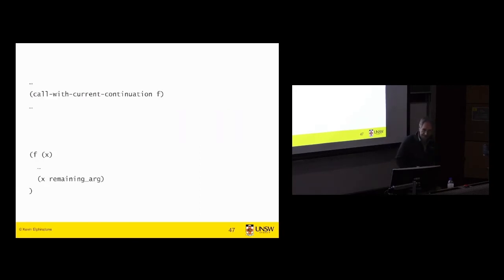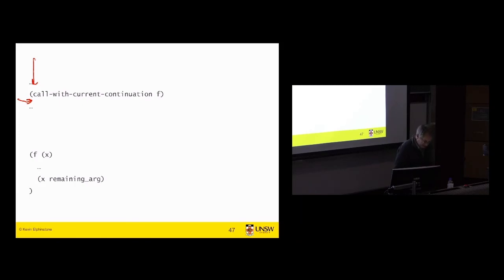Now, this is not the kind of concept that is really amenable to hand waving. So obviously here comes a slide. We've got some Lisp-like code, i.e. Scheme code, and we're executing along. We have a function defined as f, and we call with current continuation f. Okay? So call with current continuation creates a continuation that represents this point here, where we would return back to, and wraps that up into a function that can be called.